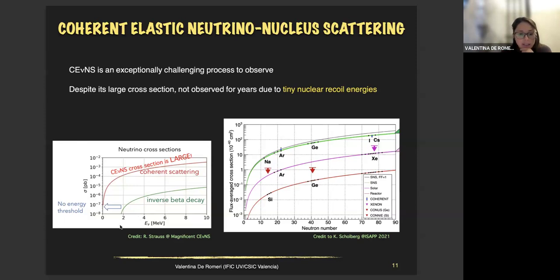Also, let me notice that the CEvNS process has no energy threshold, contrary, for instance, to inverse beta decay, whereas the figure on the right shows the typical N-squared dependence of the CEvNS cross-section together with the current measurements of the process and some upper limits on this cross-section that have been set by different experiments that I will now discuss in more detail.